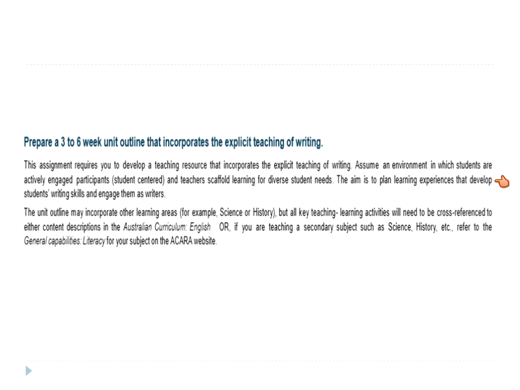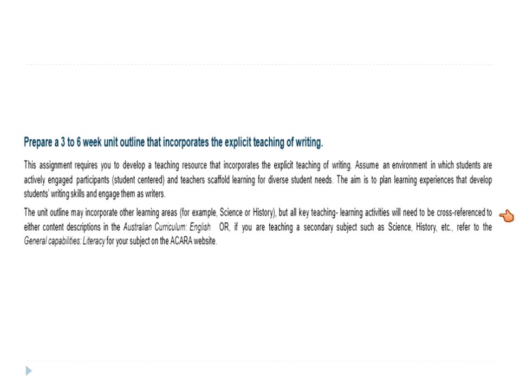The aim is to plan learning experiences that develop students' writing skills and engage them as writers. That doesn't mean it's a writing unit. As I mentioned here, the unit outline may incorporate other learning areas, for example, science or history, but all key teaching and learning activities will need to be cross-referenced to content descriptions.